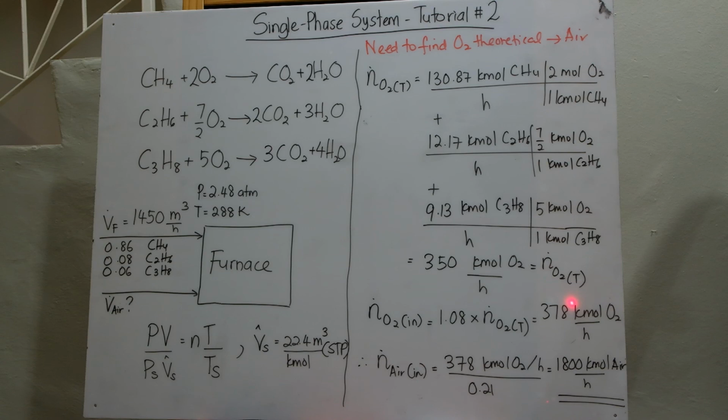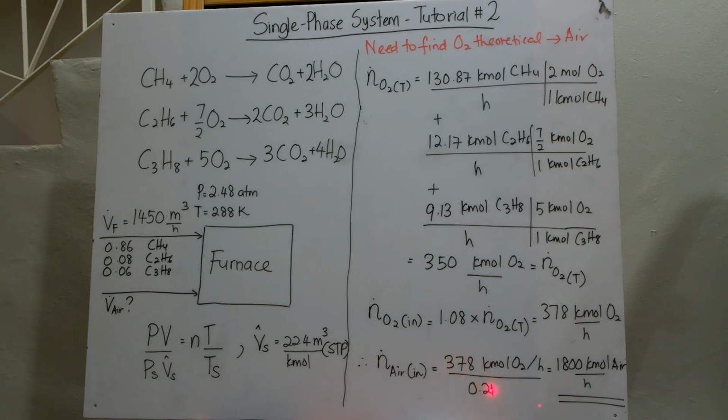So we obtain the actual moles of oxygen that go into the furnace, which is 378 kmol per hour of oxygen. From this value, we use this equation where the molar flow rate of air is equivalent to this actual oxygen divided by 0.21, because this is the composition of oxygen in air.